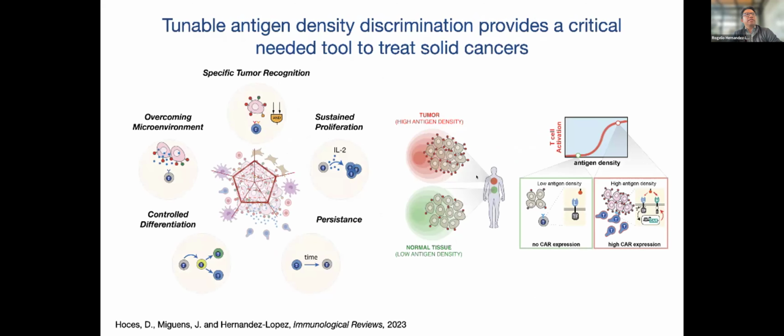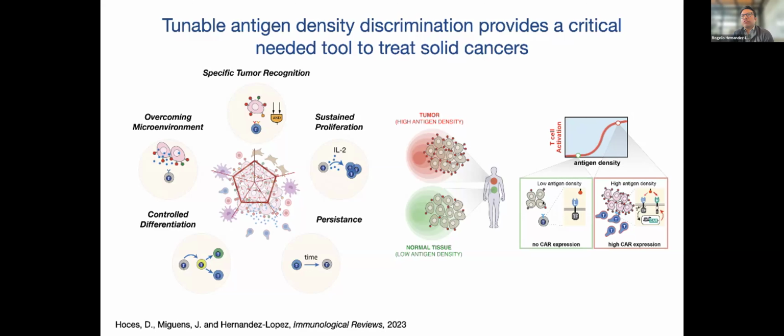Okay, just to summarize, what I showed you today is how we are using synthetic biology to encode new functions. And today I told you this strategy to engineer antigen density sensitivity, meaning the T cells now have the ability to recognize not only the presence of a protein or a tumor-associated antigen, but also the amount of the protein, and decide whether to kill or not those cells based on that amount.